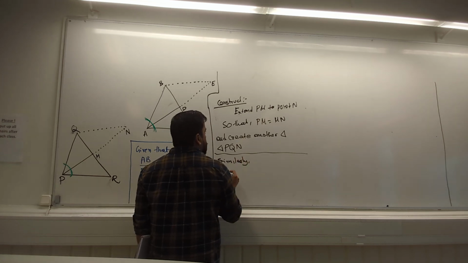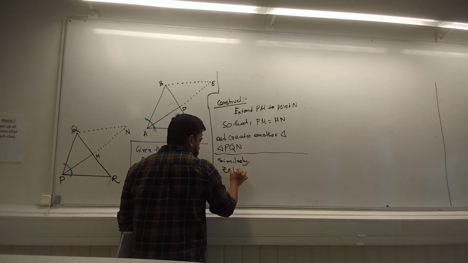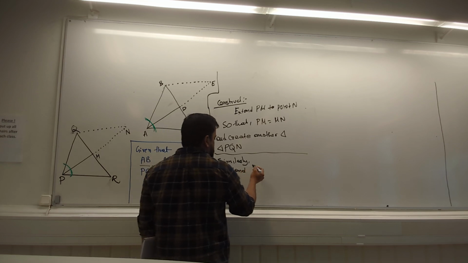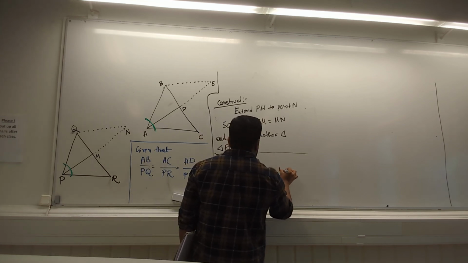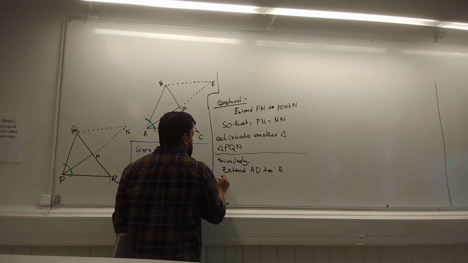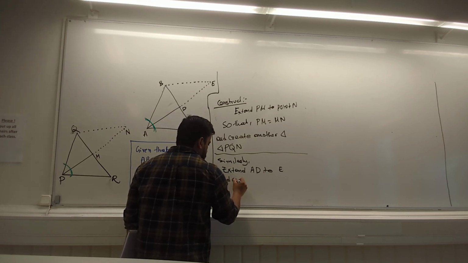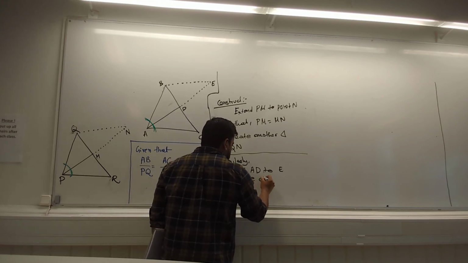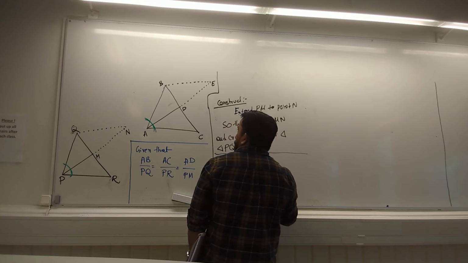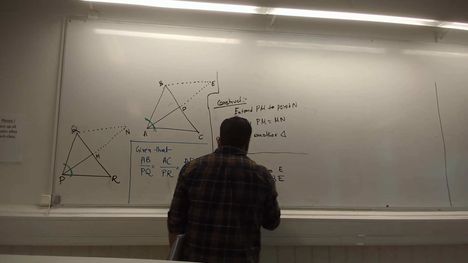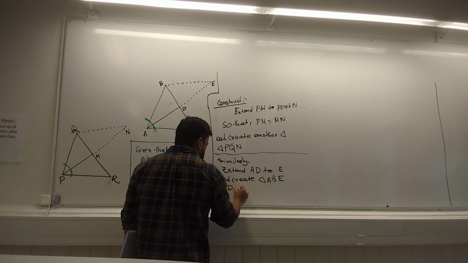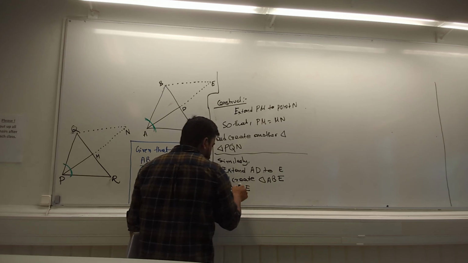Similarly, extend AD to E and create triangle ABE, and AD equals DE.